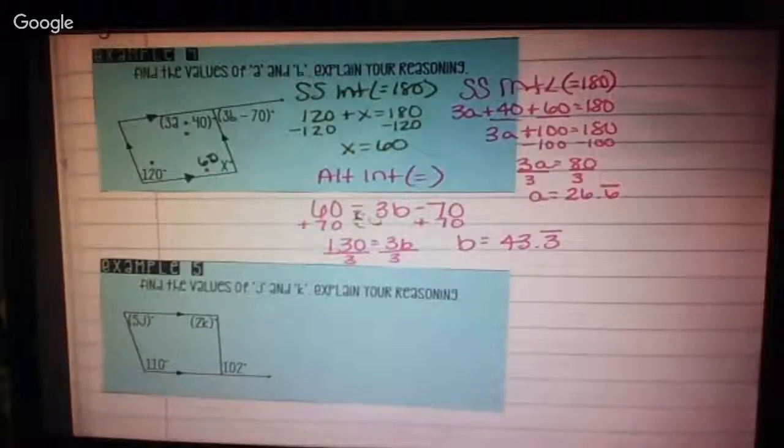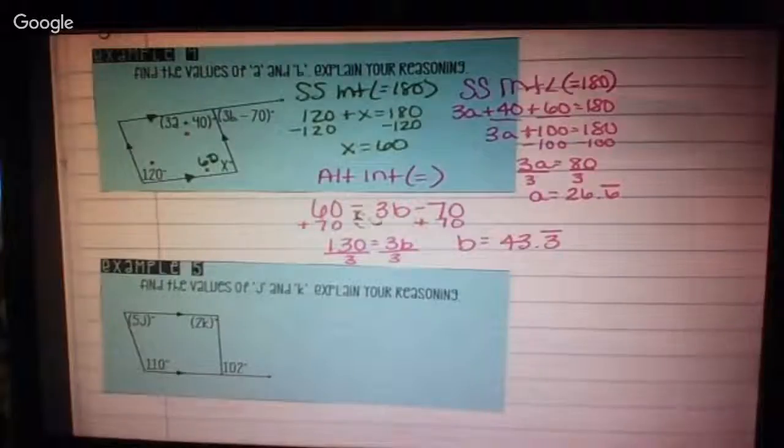You could have done the linear pair and still gotten the same answer. So you could have done, guys, listen. I chose alternate interior angles.